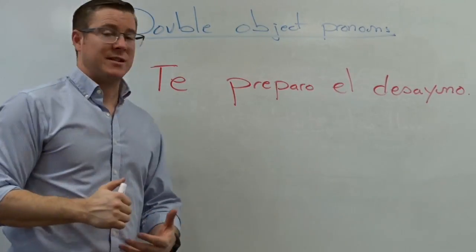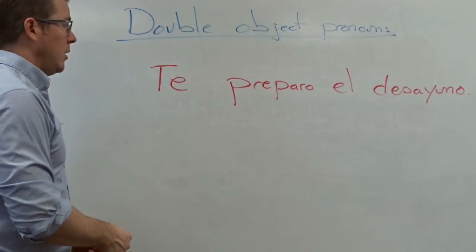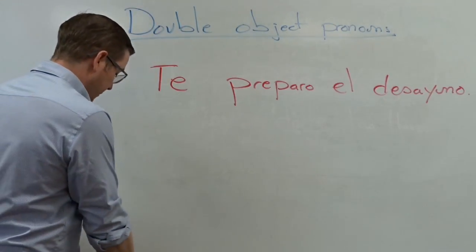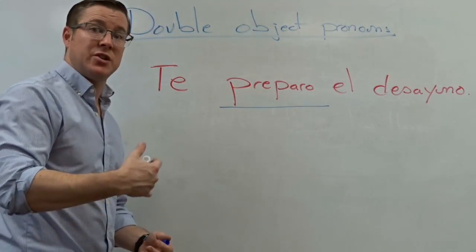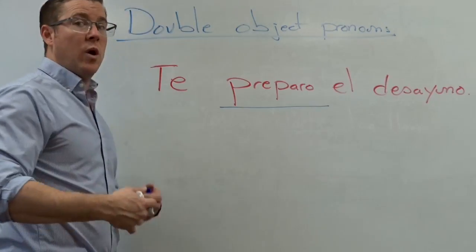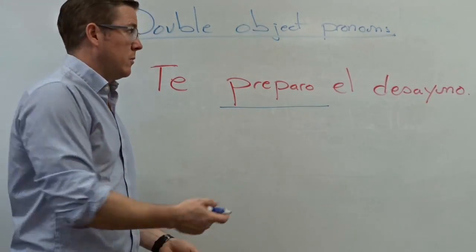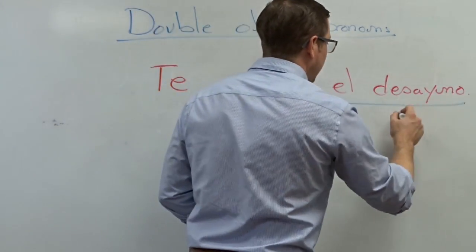Te preparo el desayuno. Desayuno is breakfast. Okay? Let's identify the verb. Preparo. That's the yo form of the verb preparar, to prepare. What do I prepare? ¿Qué preparo? El desayuno, the breakfast. So this is my direct object.